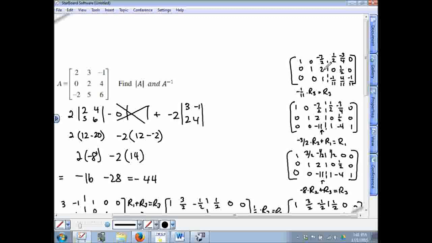And now this should be a 0. So I'm going to multiply row 3 by -2. -2 times row 3, add that to row 2, that's going to become row 2.